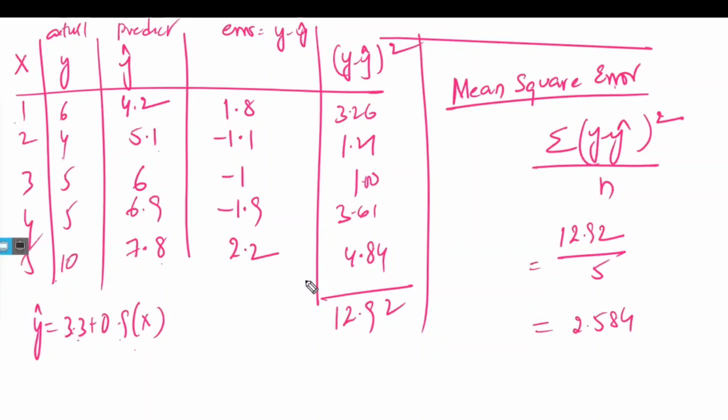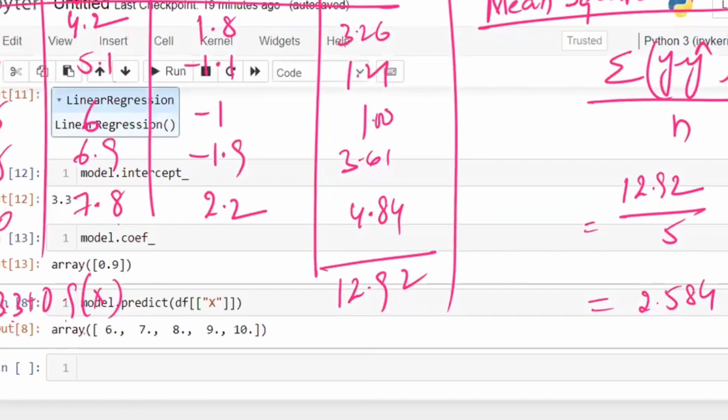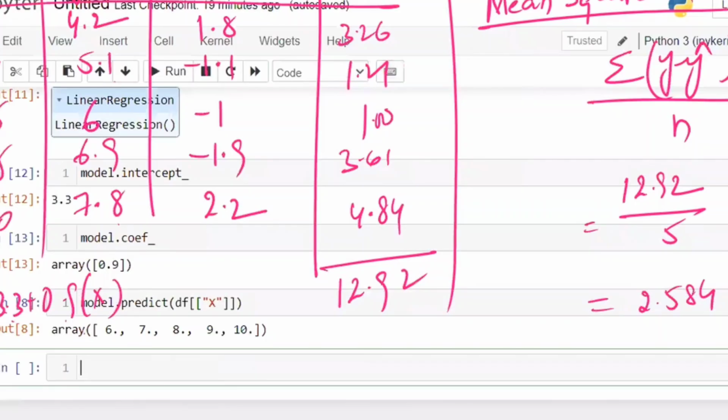Same? Is everyone the same? Guys, this should be the same, because I am now going to do the Python code, and this answer should be the same. 100% it should be the same, even the digits should be the same. First check. 1.8 whole square is 3.24 only.